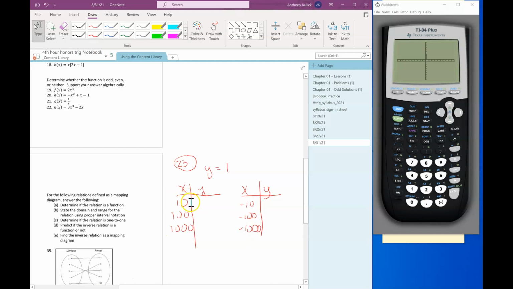So I'm going to just test that with the values 10, 100, and 1,000, and then negative 10, negative 100, negative 1,000. So I'll do second trace.